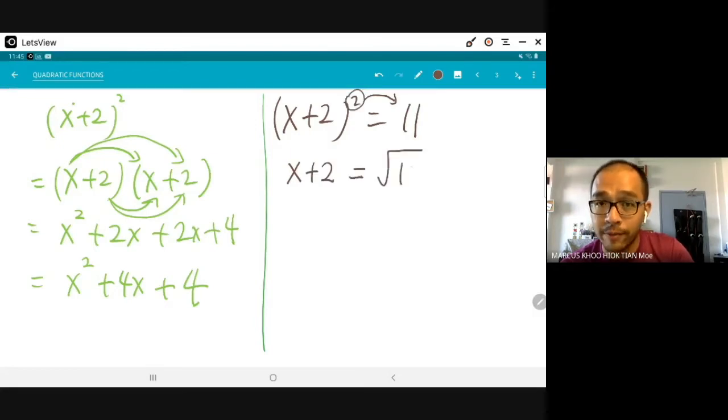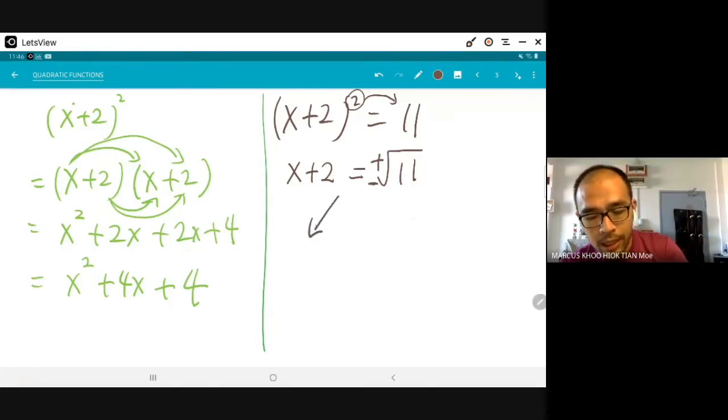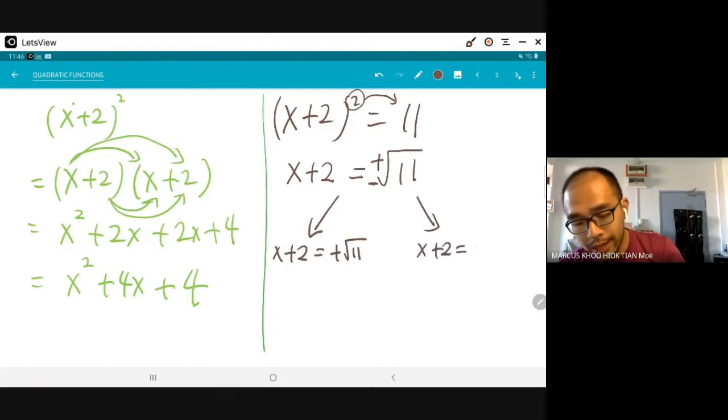of 11. Okay, tetapi square root of 11, kamu akan dapat dua nilai, satu positif dan satu negatif. Ini peraturan. Whenever you square root, there's always two values, which is positive and negative. Jadi saya pisahkan ini kepada 2. X plus 2 equals to positive square root 11 and x plus 2 equals to negative square root 11.